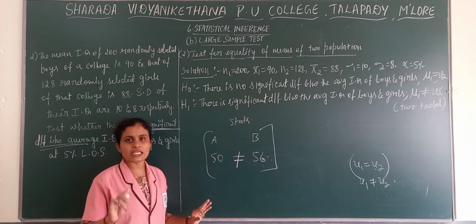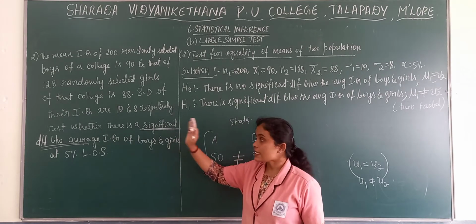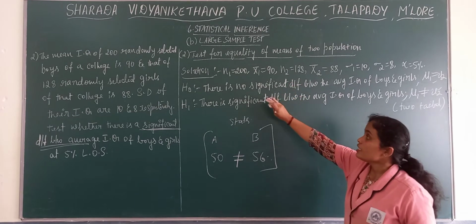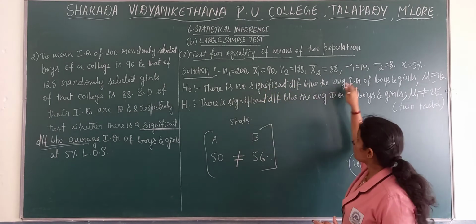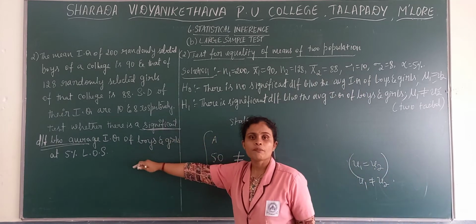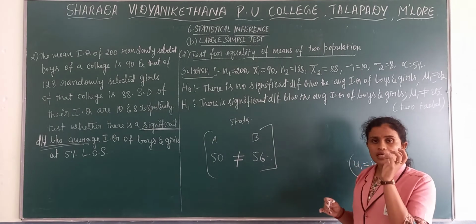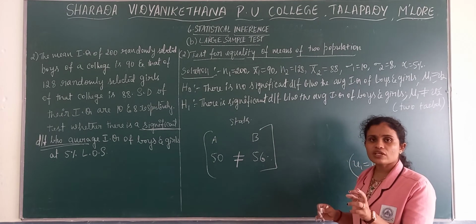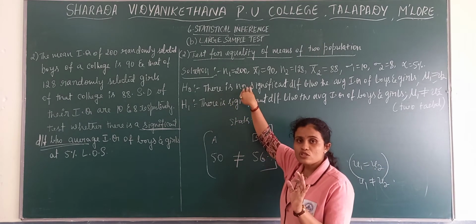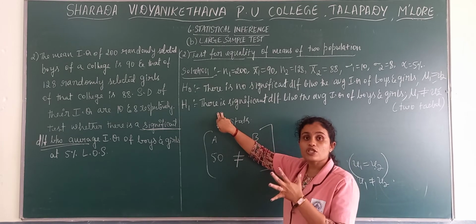So always, if you get a question like, is there significant difference, your sentence should be like this: there is no significant difference between so and so. The question may be about marks, height or any other kind. If the question arises like, is there any significant difference, H0 should always be there is no significant difference between so and so, and the alternative, there is significant difference between so and so.